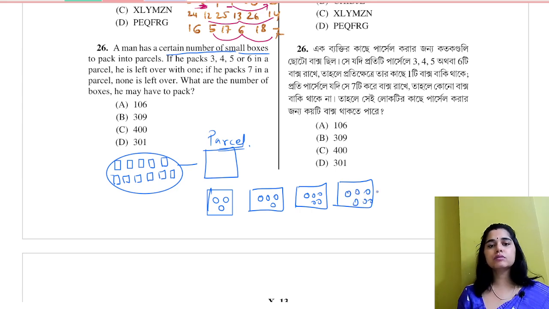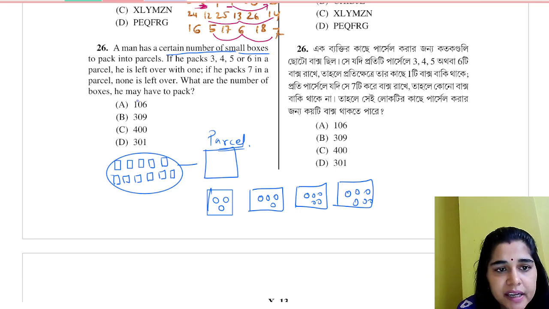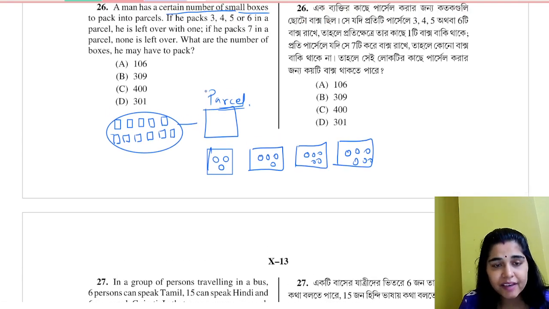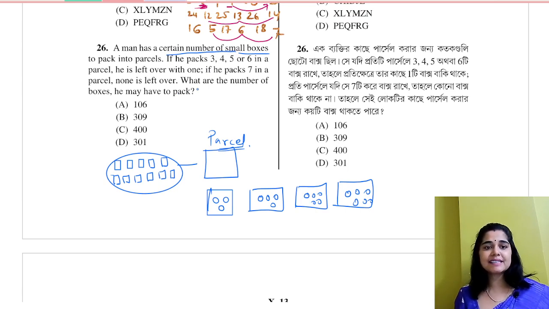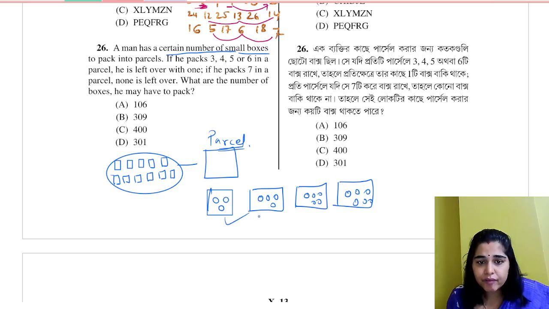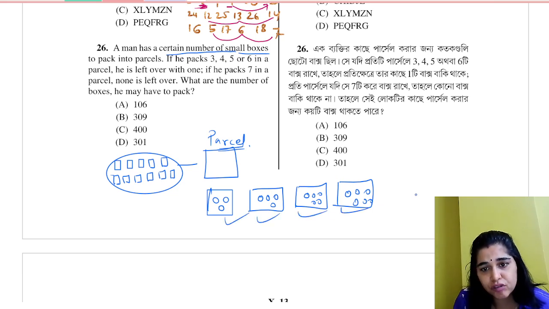The question is saying, if he packs 3, 4, 5 or 6 in a parcel, he is left over with 1.